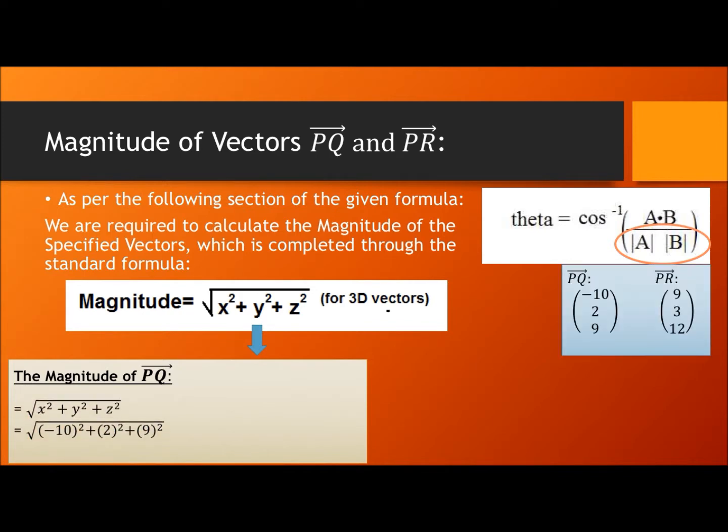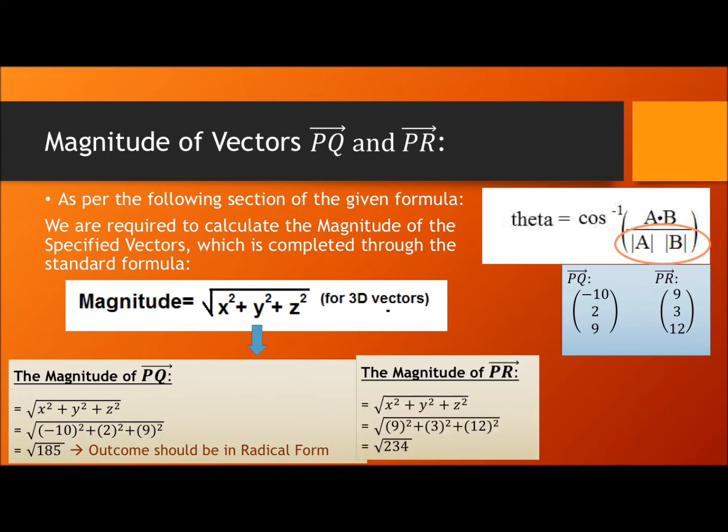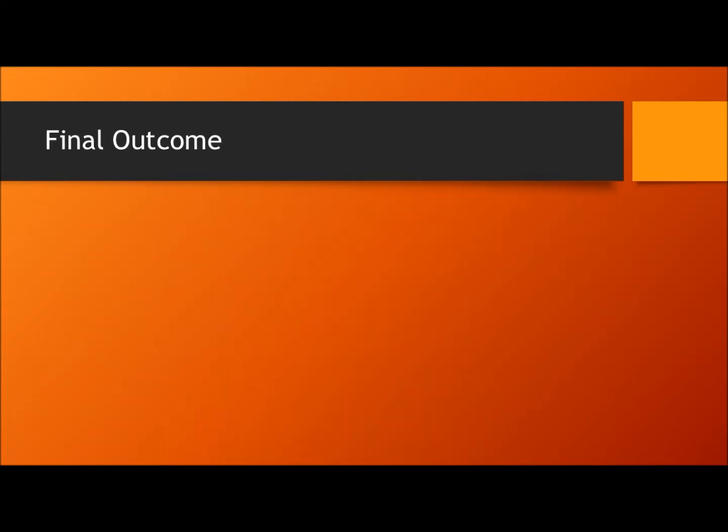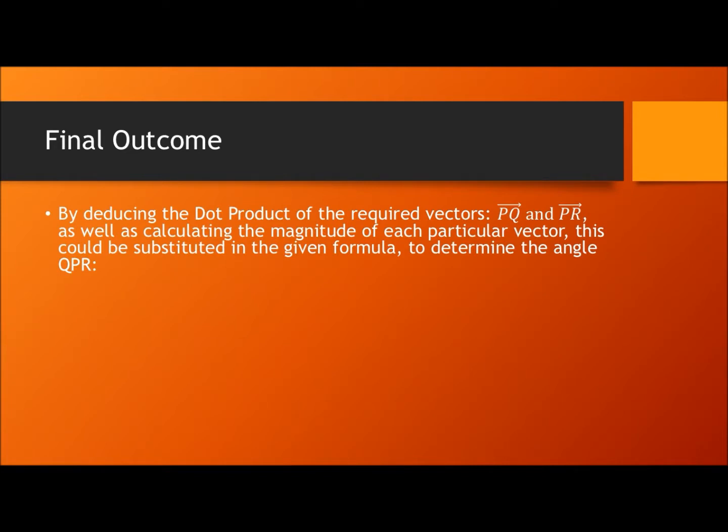Thus, magnitude PQ could be calculated as root 185, which should remain in radical form for accuracy purposes. On the other hand, the magnitude of PR is equal to root 234. By deducing the dot product of the required vectors PQ and PR, as well as calculating the magnitude of each vector, this could be substituted in the given formula to determine the angle QPR, which is equal to 83.4.